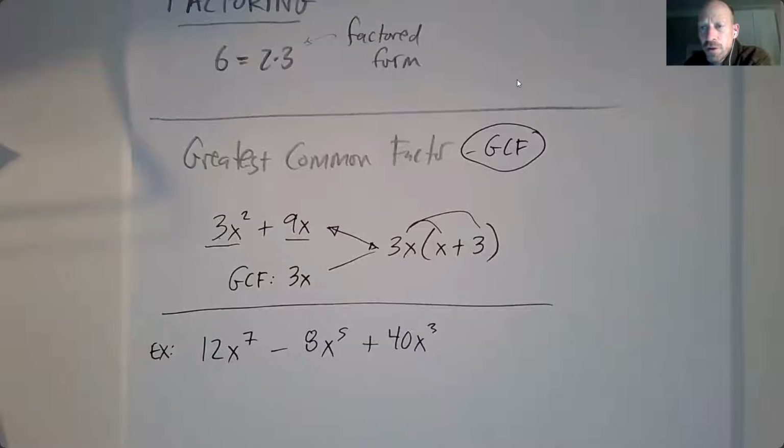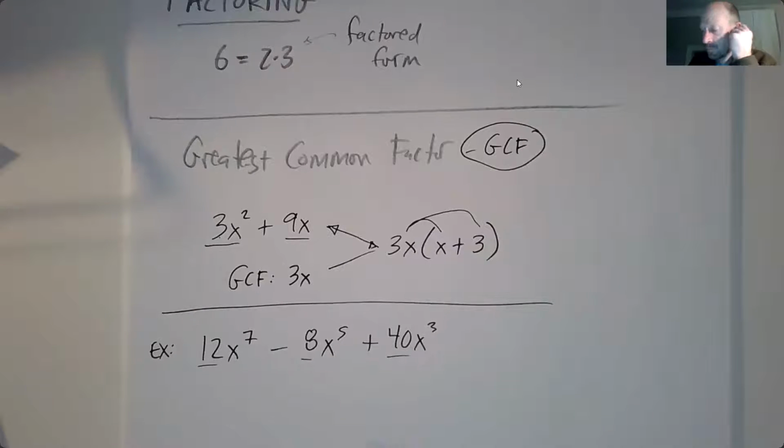There are 3 terms there, but we still can think about factoring and pulling out this greatest common factor. So when we do that, we just look at the numbers first. Each of these numbers is divisible by 2, but we can do better than that. They're each actually divisible by 4 as well. So that tells me there's a common factor of 4.